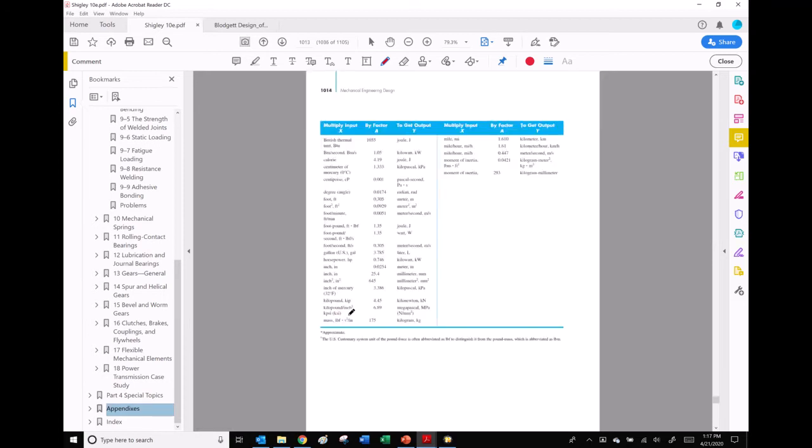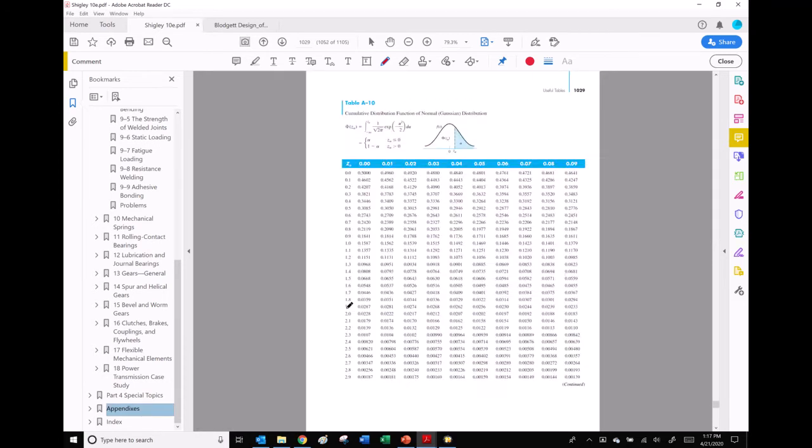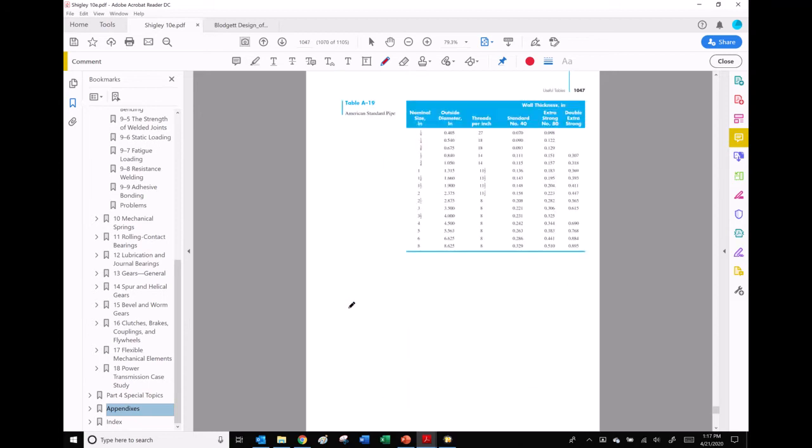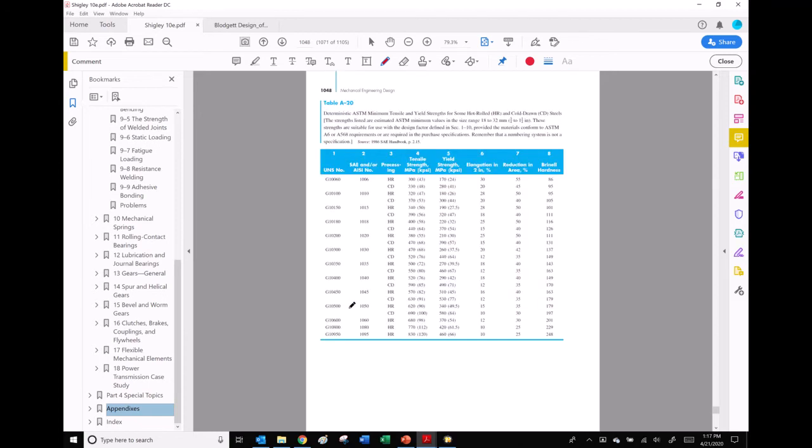In our appendices, I think it's table A20. Find cold drawn steel, and a 1020 cold drawn steel. That's this guy right here. Here's cold drawn steel. We have an ultimate strength of 68 and a yield strength of 57 KSI.